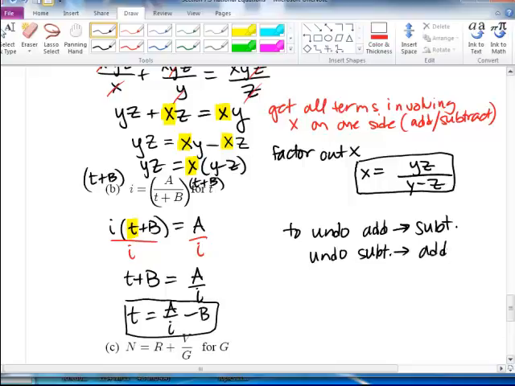And to undo multiplication, I would divide. And to undo division, I would multiply. Right, and that's true throughout these operations.